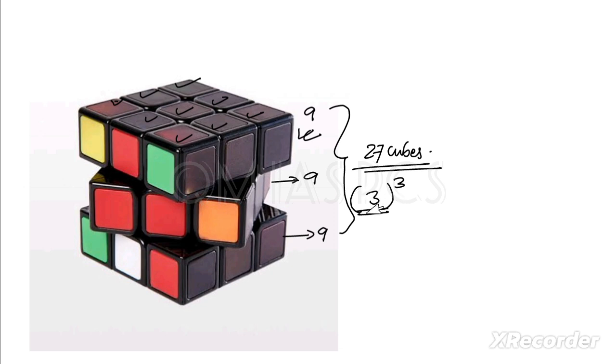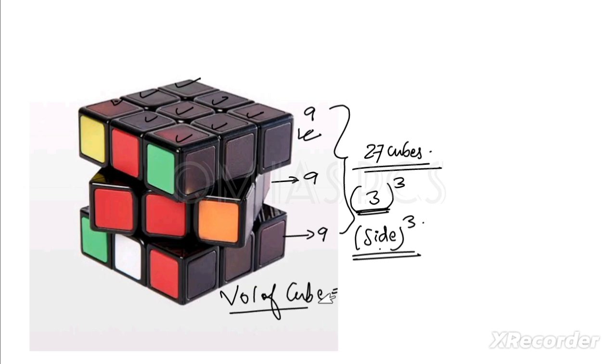So simply it is 3 cube, or you can say side cube. This is actually the formula for the volume of a cube. If you know some mathematics, you know that the volume of a cube is side cube. So that is 27. Is it clear? Right now we are talking about the cube, later we will talk about the cuboid.